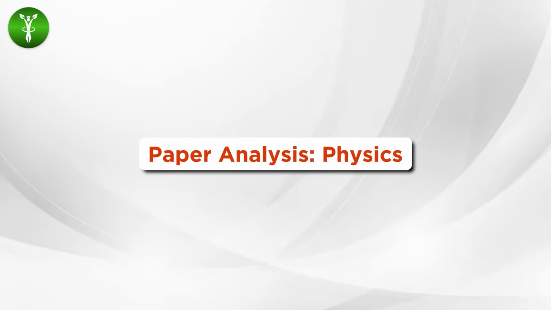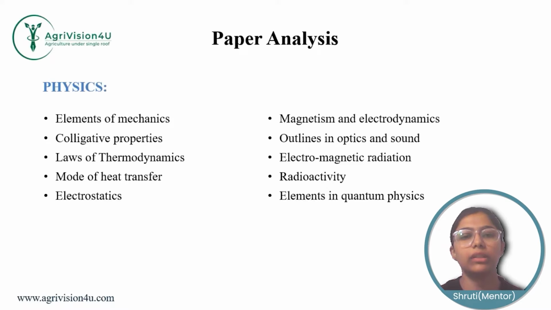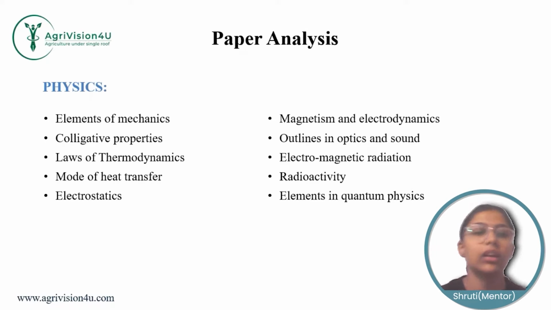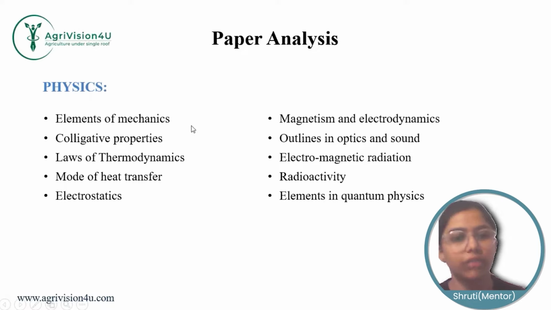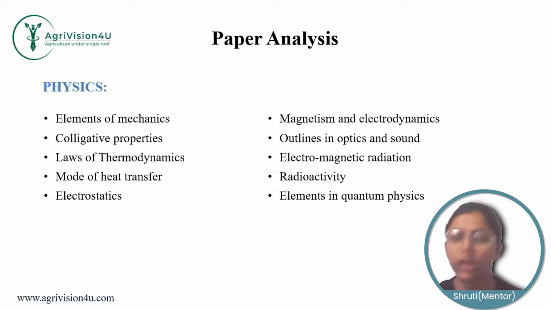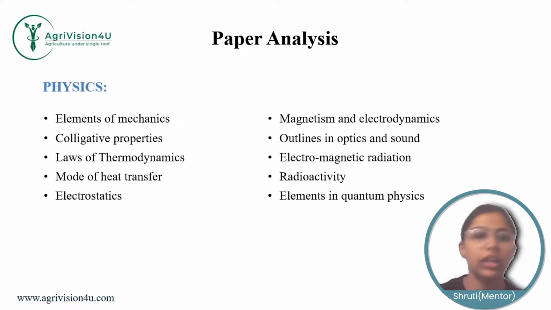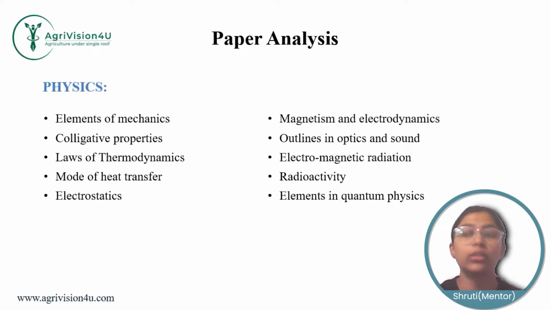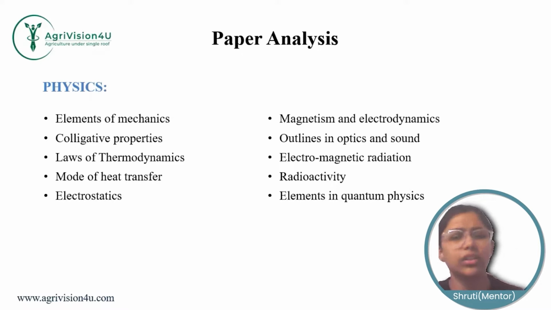The first subject is physics. Here you can see the elements of mechanics, colligative properties, laws of thermodynamics, heat transfer, and electrostatics. From all these, we saw one question from mechanics. Only fundamental questions were there, like calculating the average velocity, and in thermodynamics an isothermal process question.